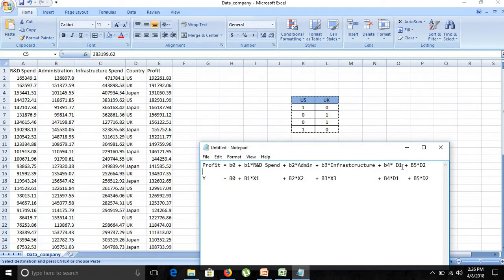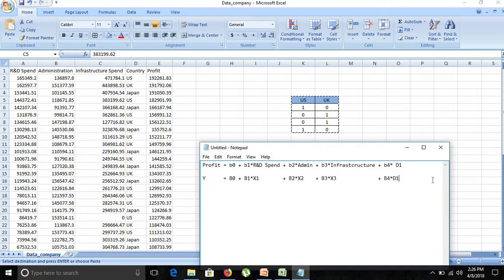Because if D1 is equal to 1, obviously it will be US, and if D1 is equal to 0, you can always convey that the expression is for UK because D1 is 0. So a dummy variable is always included once. Because here we have D1 and D2, we can obviously remove D2, because one dummy variable is enough to convey whether the country is US or UK.